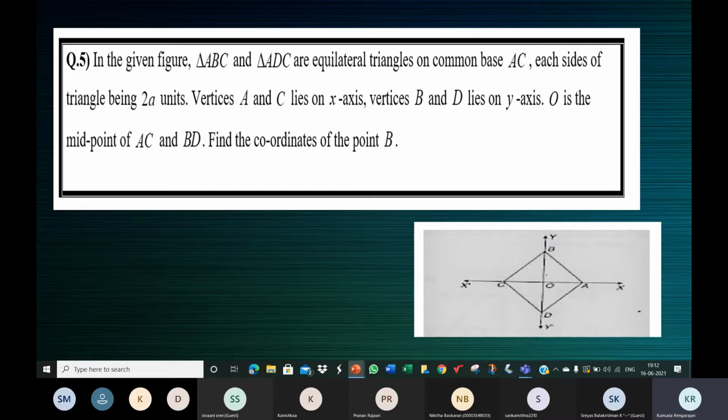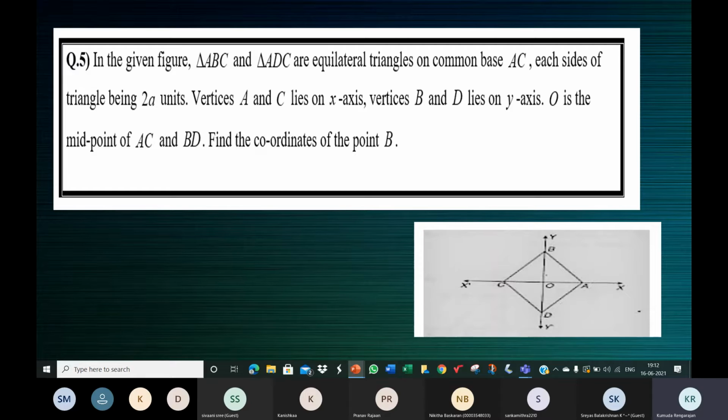So what is the information we have, children? What kind of triangles are ABC and ADC? Equilateral triangles. Do they have a common base? Which is the common base? AC is the common base. What is the length of each side of both the equilateral triangles? 2A units. AB, BC, AC are 2A units.